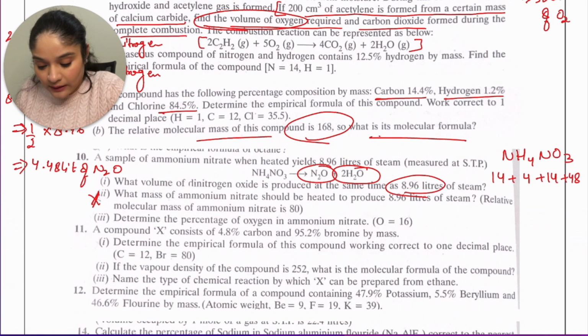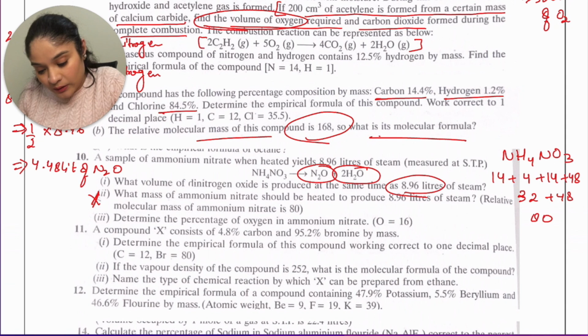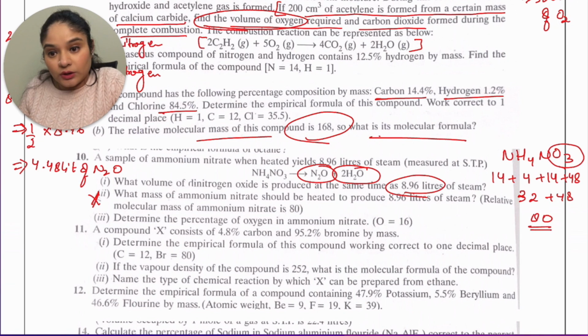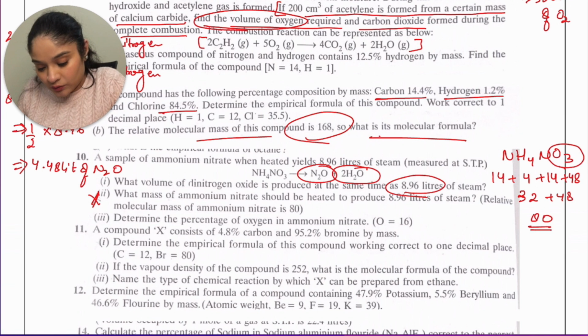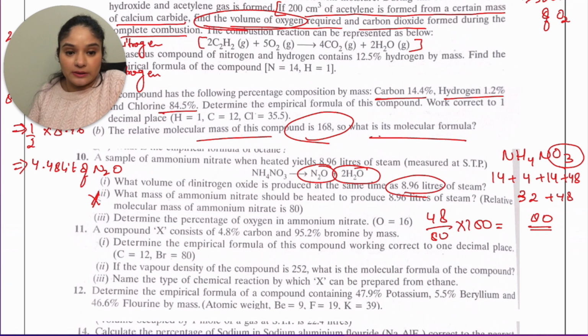If you calculate this, this is 28, so 32 plus 48, you'll end up with 80. Now we'll calculate over 80. We have three atoms of oxygen. So 3 times 16 is 48. So 48 divided by 80 times 100 will give you the percentage of oxygen in this compound.